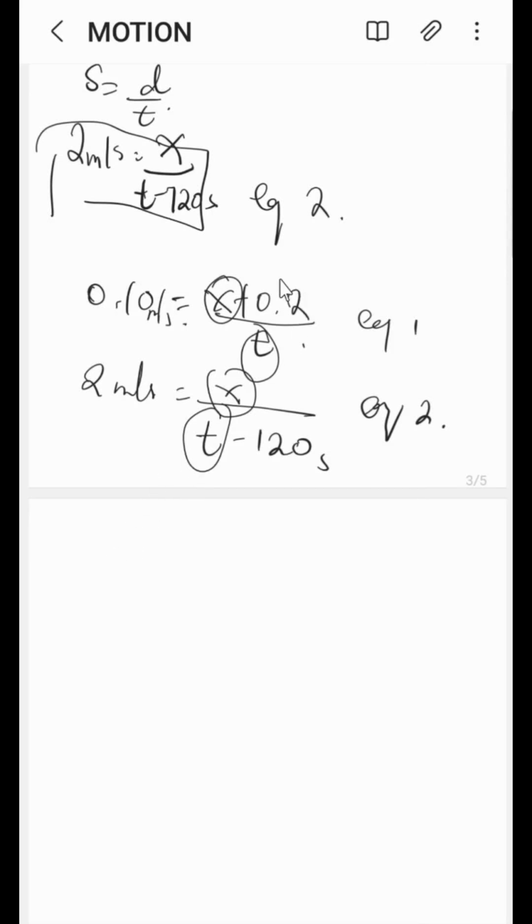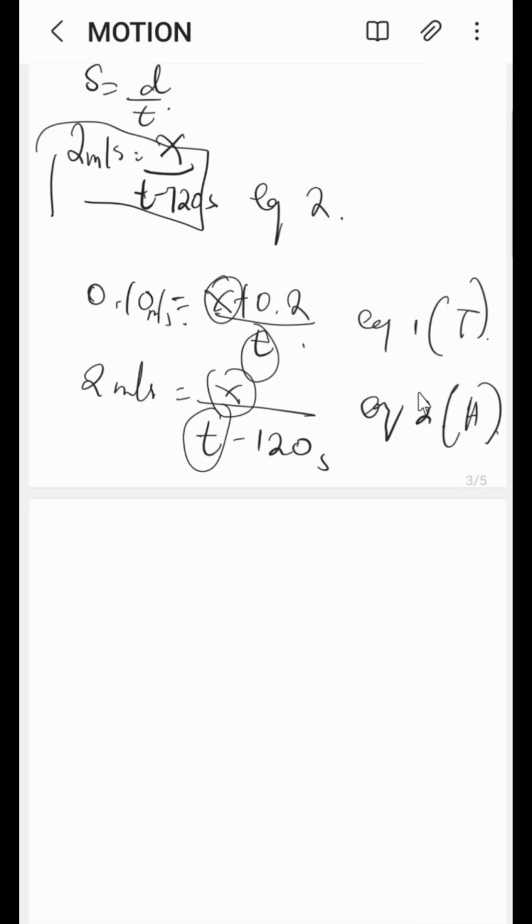This one was for the tortoise, and this is for the hare. However, we are looking at how long the whole trip took, from start to finish. The only creature that reached the finish line was the tortoise, so we will prioritize equation 1.